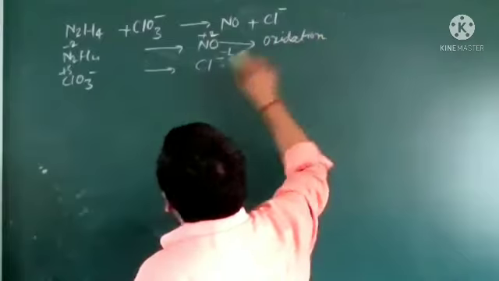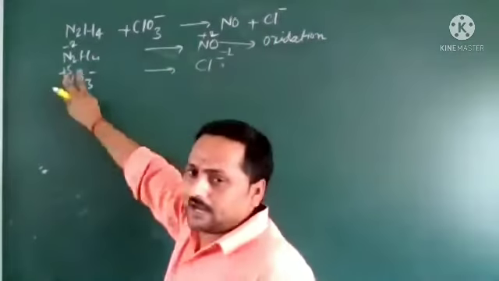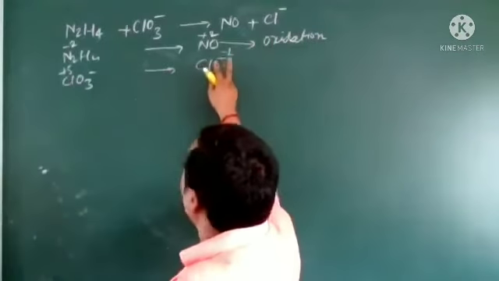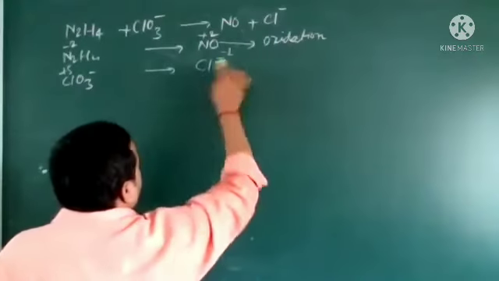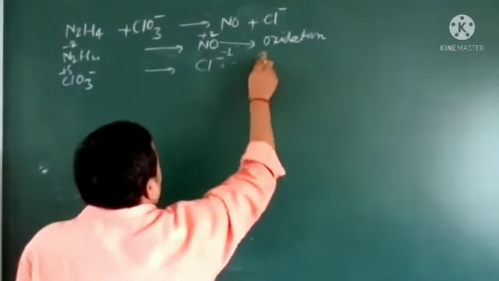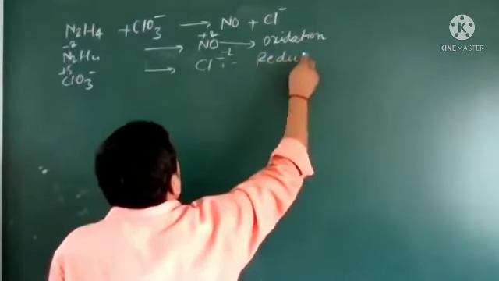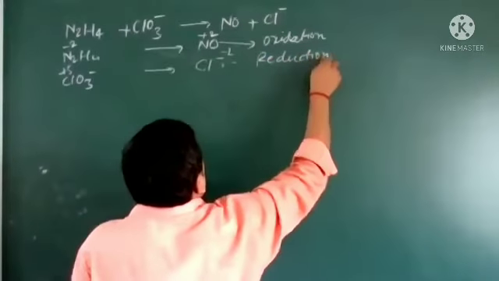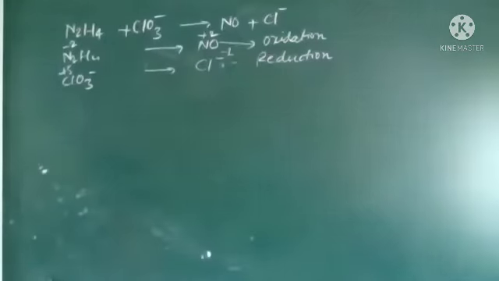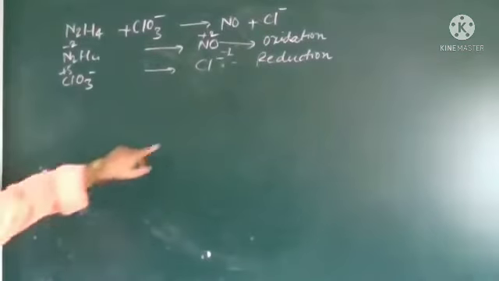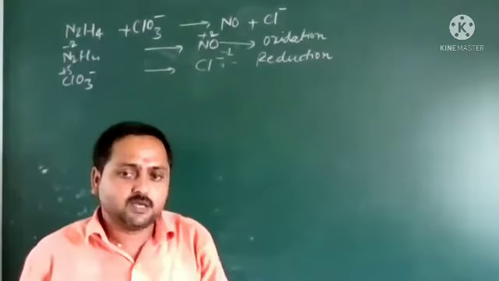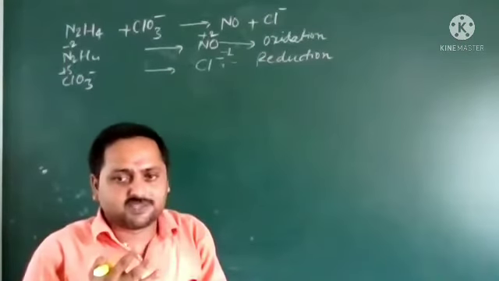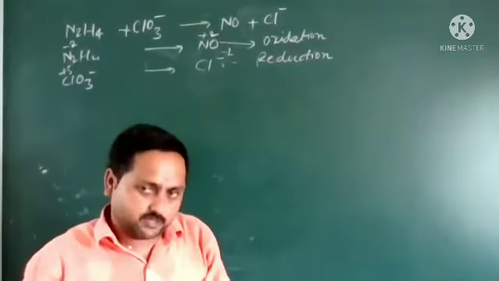And this one, +5 is going to -1. So this is reduction. So we got two half parts, one oxidation and one reduction. One half reaction is oxidation and the other half is reduction.